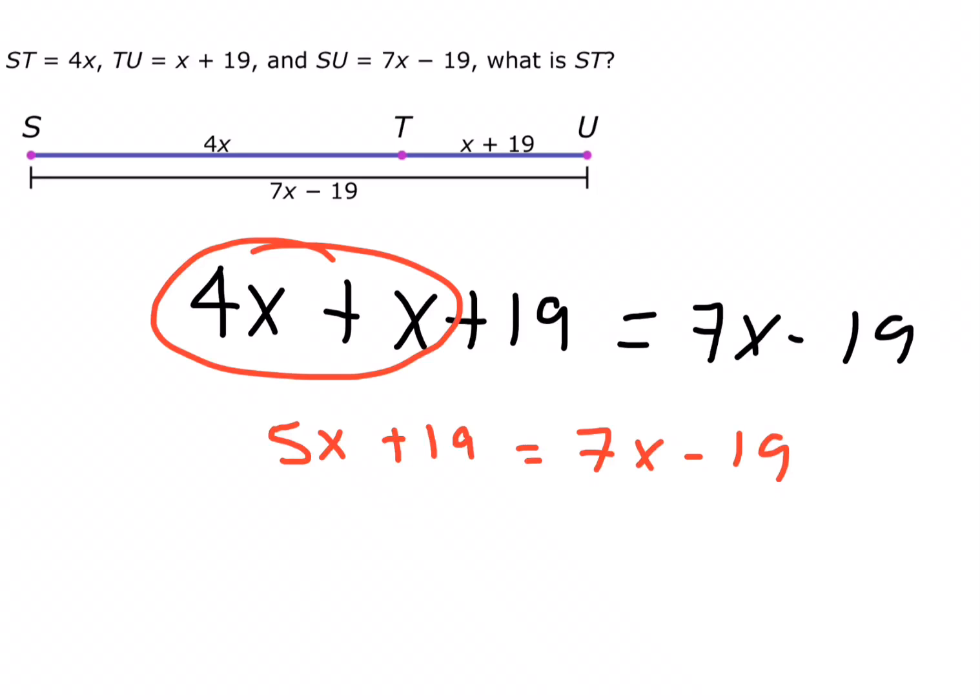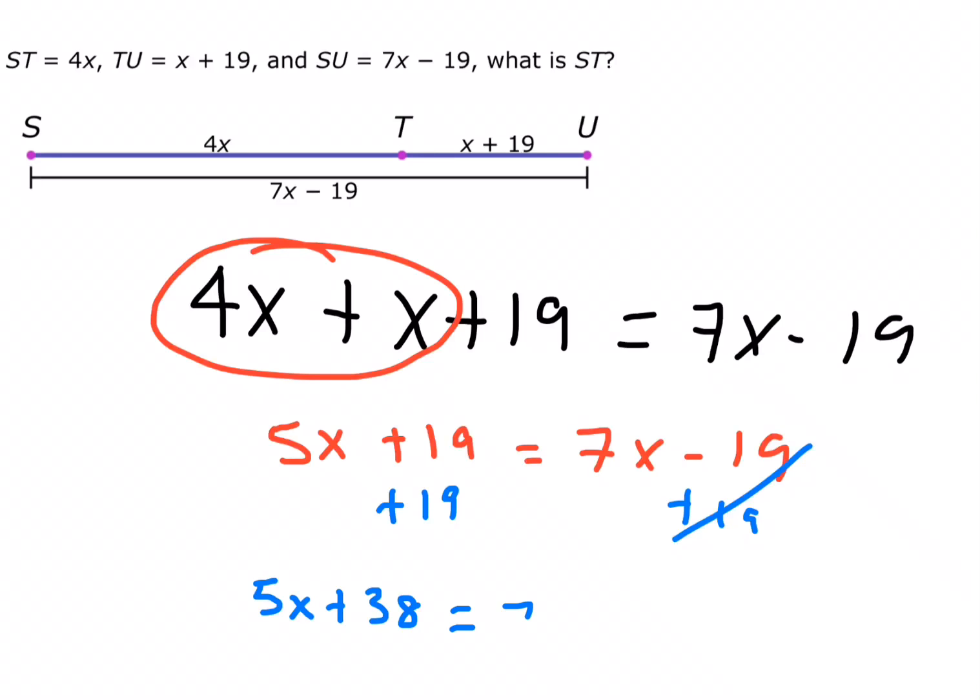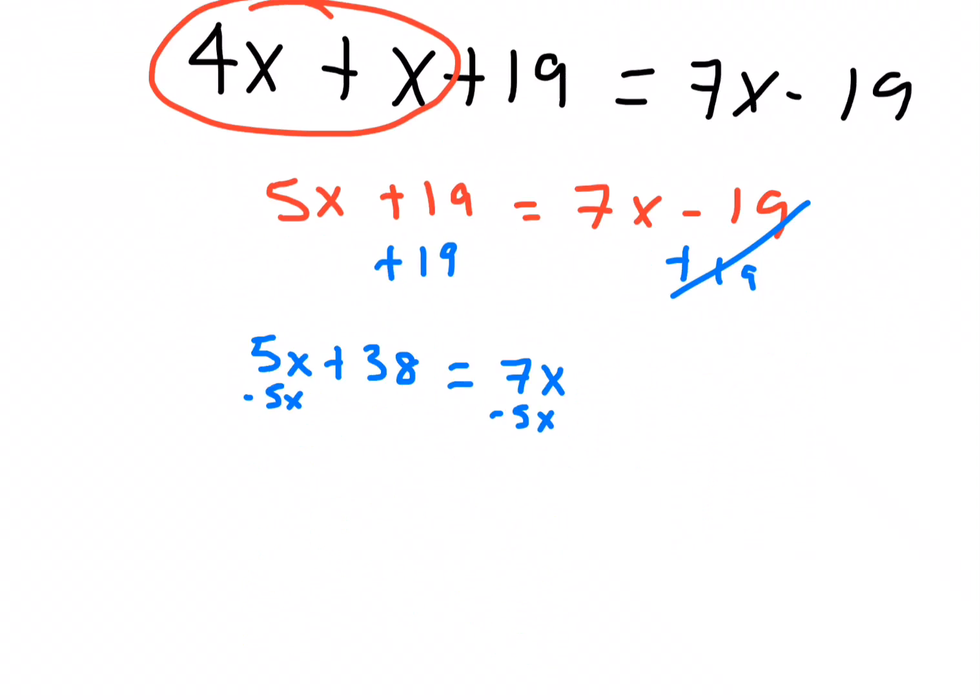Okay, I'm going to go ahead and bring this negative 19 over. So I'm going to say plus 19, cancels that out, plus 19. 19 plus 19 gives us 38, so I'm just rewriting it. 5x plus 38 is equal to 7x minus 5x, minus 5x.